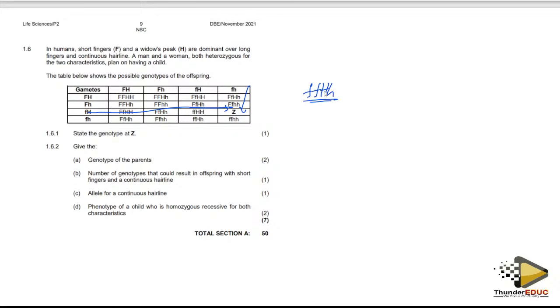Why didn't I start with the capital H? Because these are two different alleles. One allele does not interfere with the existence of another allele because these are different genes. Mendel's law of, yes, independent assortment, not segregation.